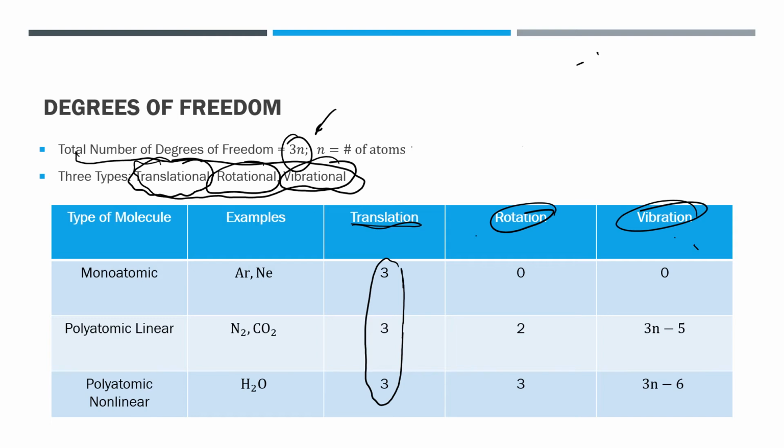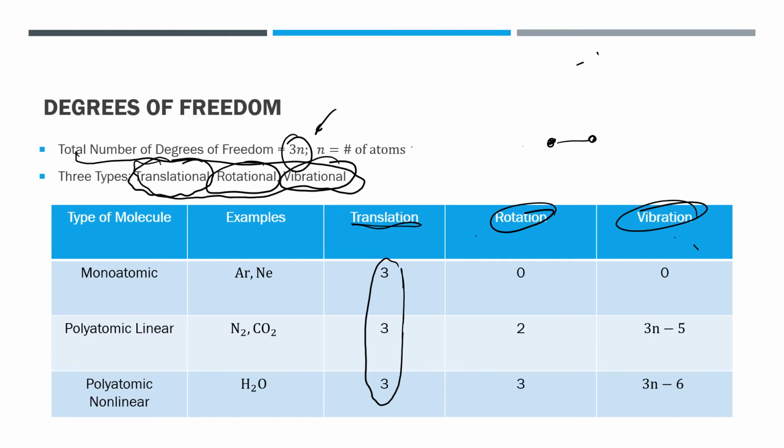Think about this intuitively. If I had a linear molecule that was just two atoms, I can move in the x, y, and z direction, and those take energy, right? I need kinetic energy to move. So this motion in the x, y, and z direction takes kinetic energy, and so of course this motion is going to contribute to my kinetic energy.